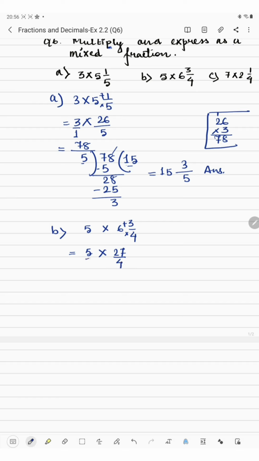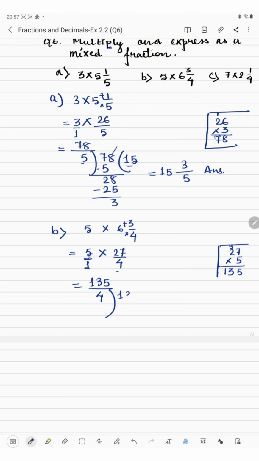Now these two we cannot cancel, so we will consider 5 as 1, and then we will multiply the numerators. Now 27 multiplied by 5, how much? 7 5s are 35, 5 3 carry, 5 2s are 10, 10 plus 3 is 13. So we have 135, and if you multiply the denominators then we will have 4, 4 1s are 4.